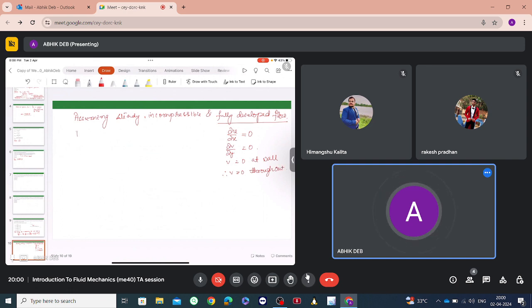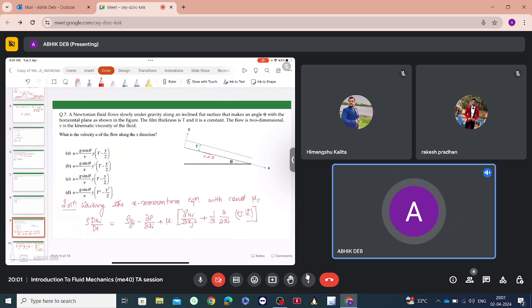Therefore this term du by dt is 0 for steady flow, plus u del u by del x is also 0, plus v del u by del y is also 0. So this term is totally 0.